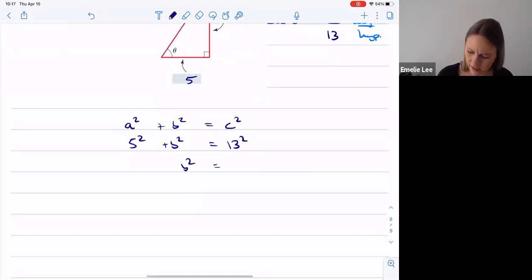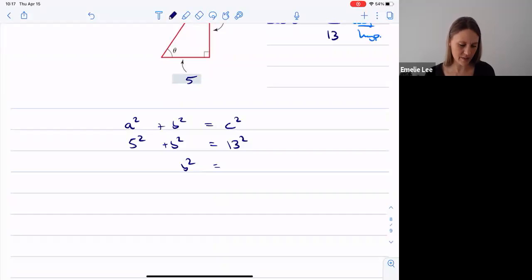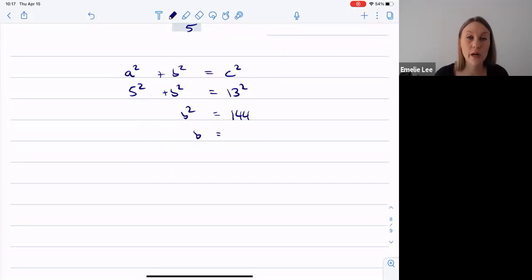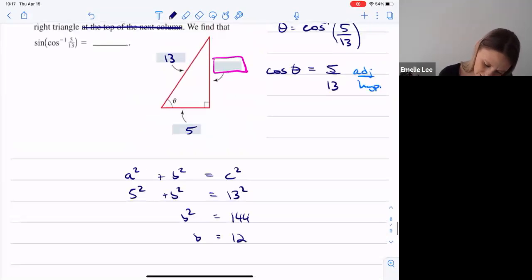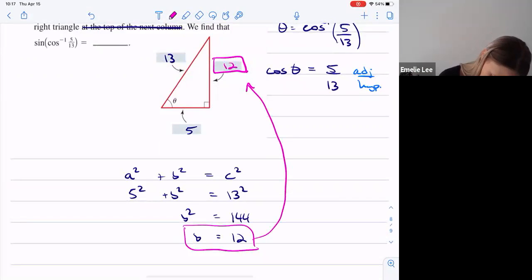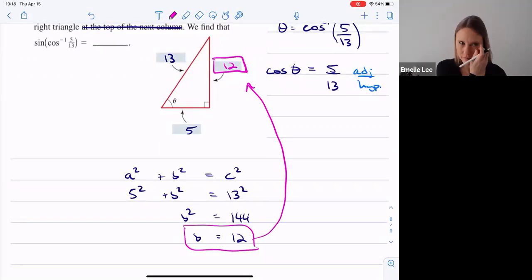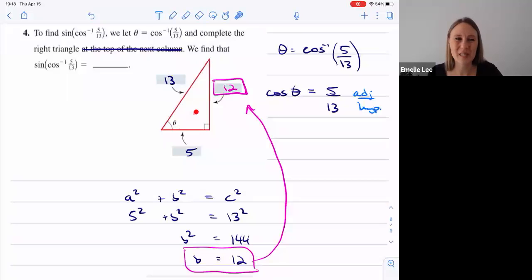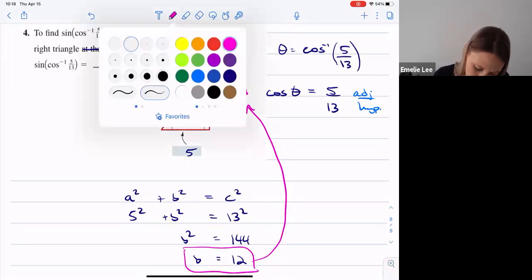So b squared is 13 squared, 169, minus 25, which is 144. So b is the square root of 144, which is 12, ignoring the negative because it can't be negative. So then here, now if I have to find the sine, sine is the opposite over the hypotenuse, and so it's going to be 12 over 13.